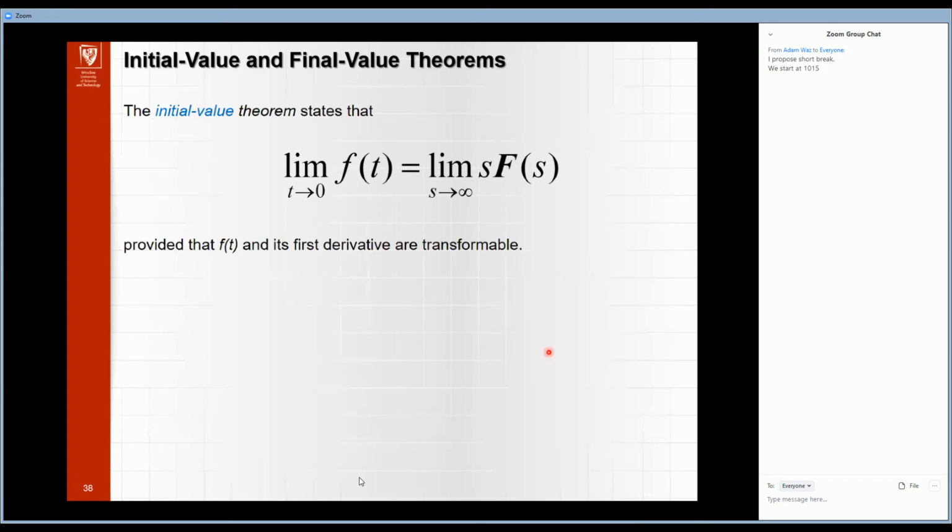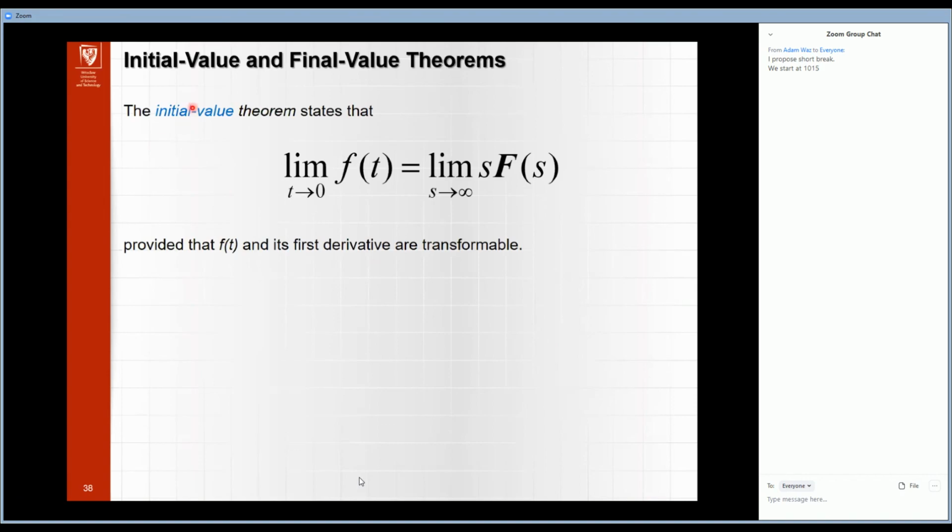Okay, so you can see these results also here, and at the end, three slides: initial value and final value theorems. The initial value theorem you use to calculate the behavior of our circuit at the beginning, without calculating the inverse transformation.